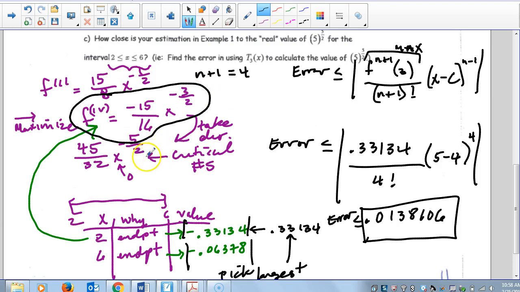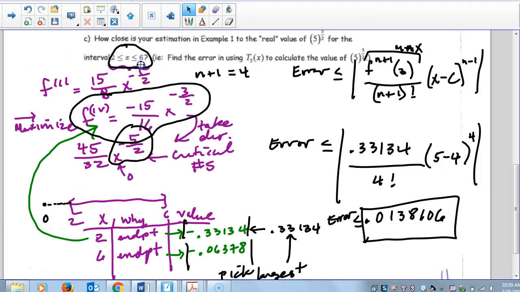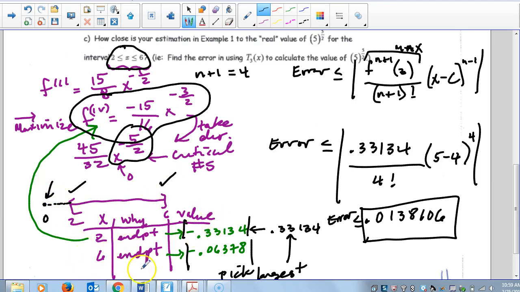Find the critical numbers. So this is going to be an x on the bottom of a fraction. And remember, critical numbers are where the denominator is equal to 0 or where the derivative itself is equal to 0. So we picked 0, but 0 is over here somewhere, right? If I continued my number line. My interval is 2 to 6. So because of that, I cannot use 0. I don't want to use 0. So I pick the endpoints, because remember maximums can occur at the endpoints or at critical numbers, of which for this one is 0, and that doesn't matter.